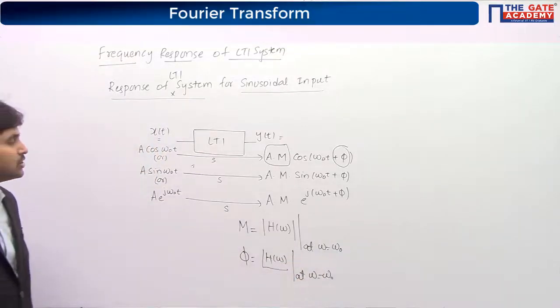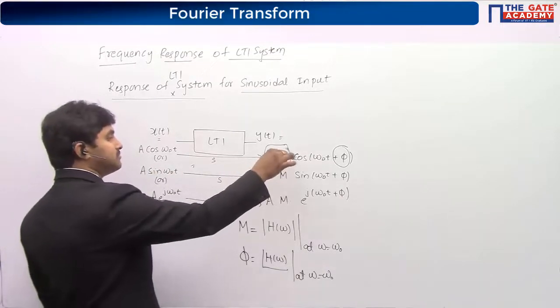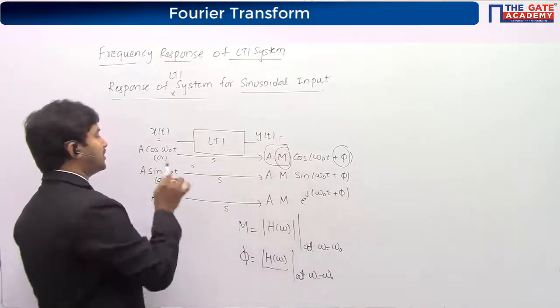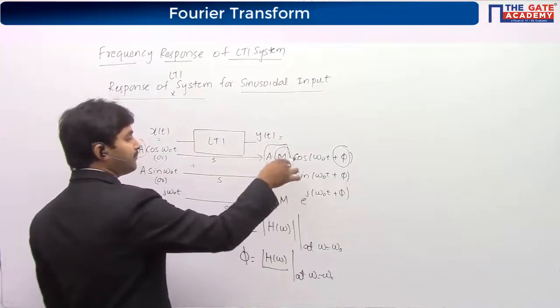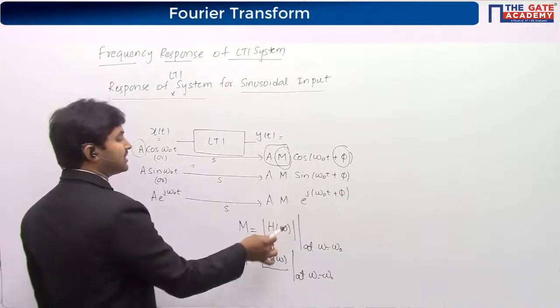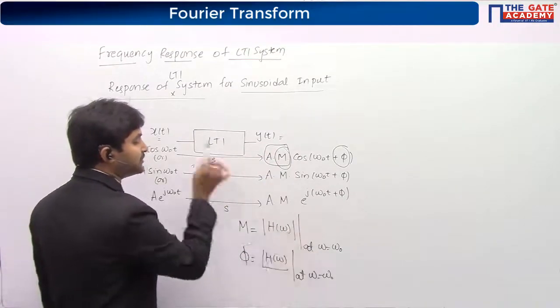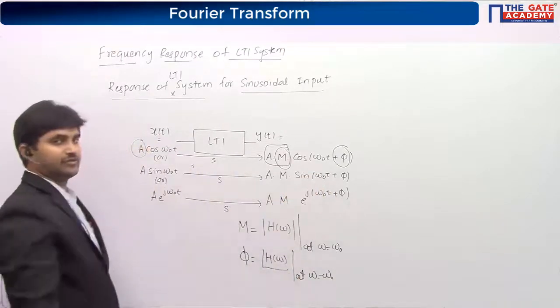The initial amplitude is now going to be multiplied with M, where M is the magnitude response at the input frequency. Similarly, phi is the phase response at the input frequency.